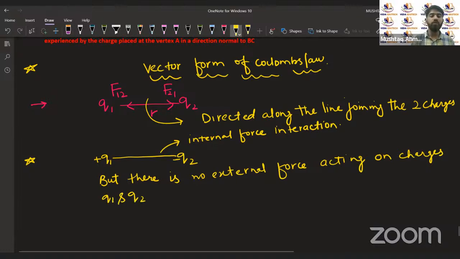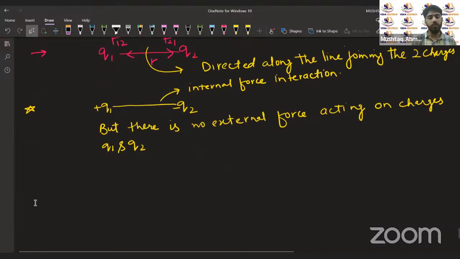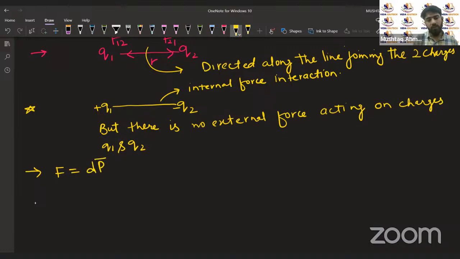We know that when there is no external force acting on the system, by the second law of motion, F is dp upon dt. When the external force acting on the system is zero, the total momentum of the system is conserved.